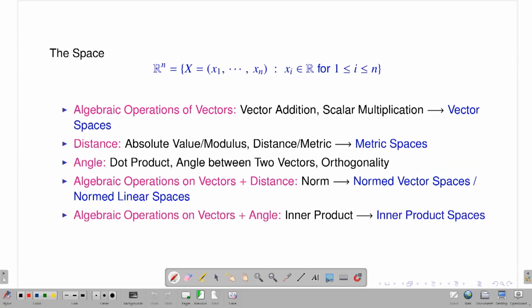The algebraic operations on vectors plus the angle between two vectors give us the inner product, and that leads to the concept of inner product spaces. These concepts come from linear algebra. Then linear algebra and analysis concepts are combined together as the subject called functional analysis, which mainly studies all these properties.